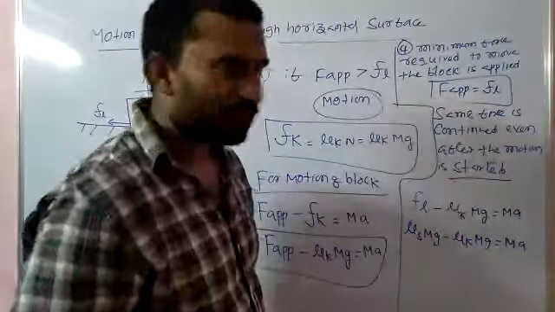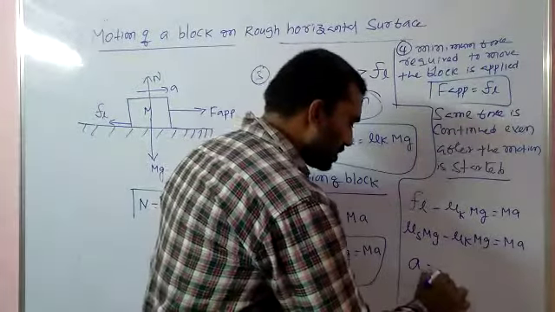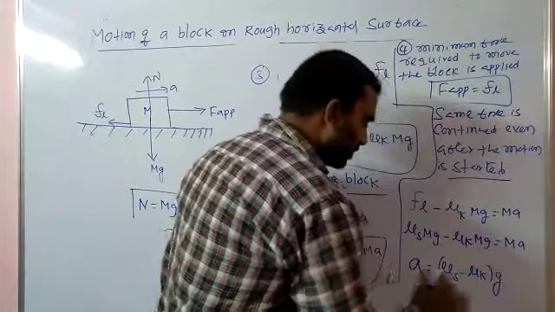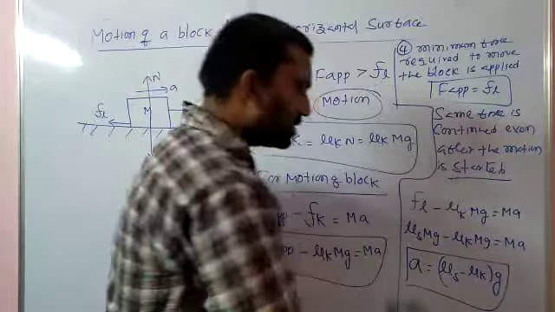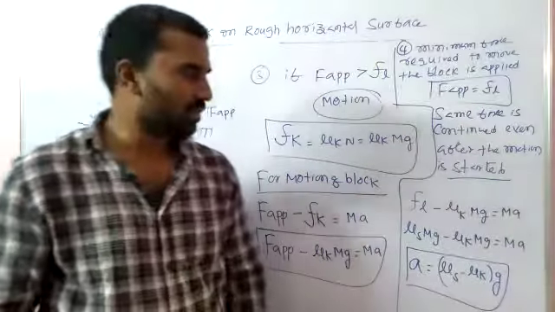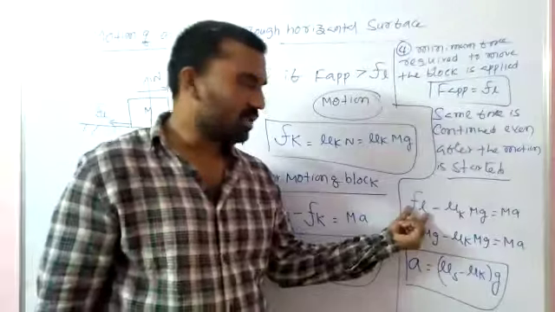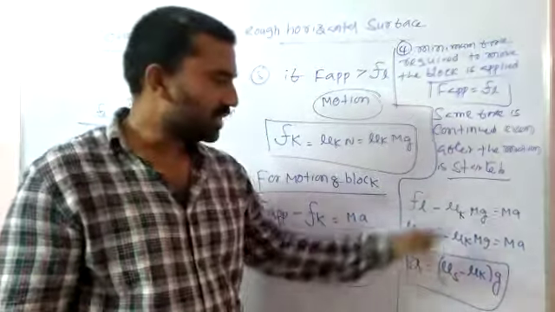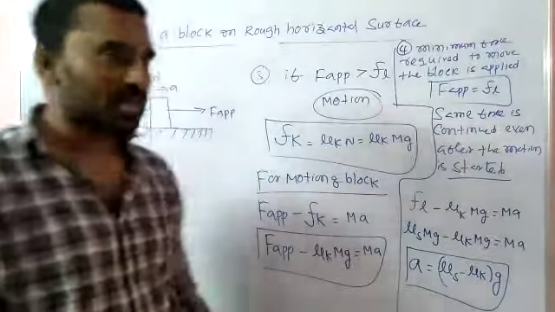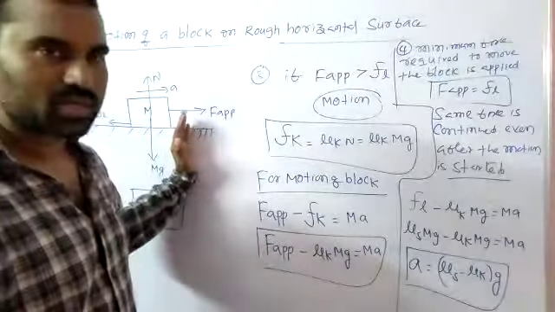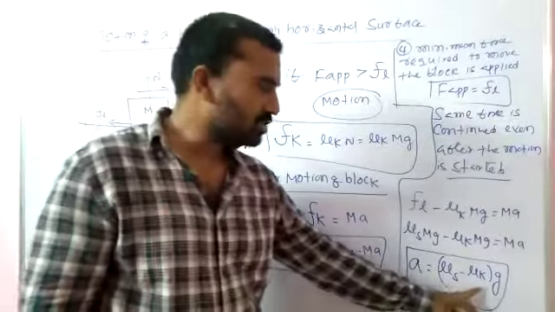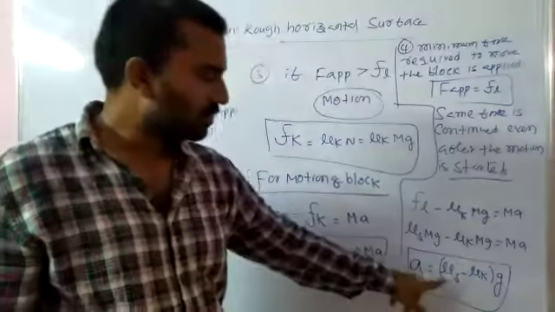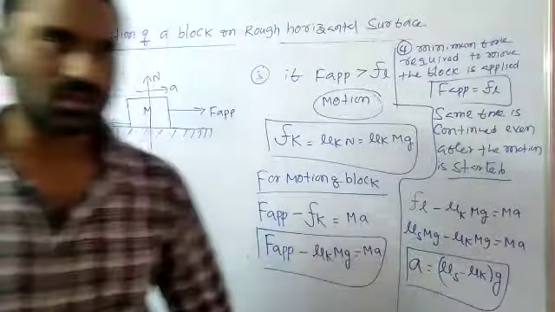The mass cancels on both sides. Therefore the acceleration of this block is a equals mu s minus mu k, into g.